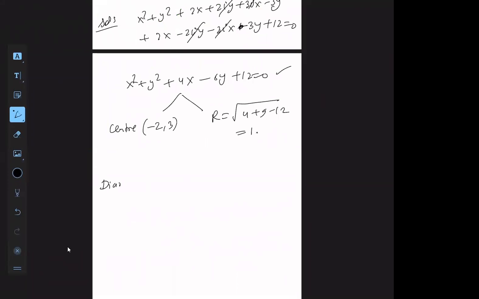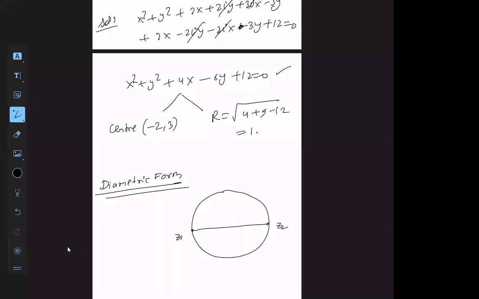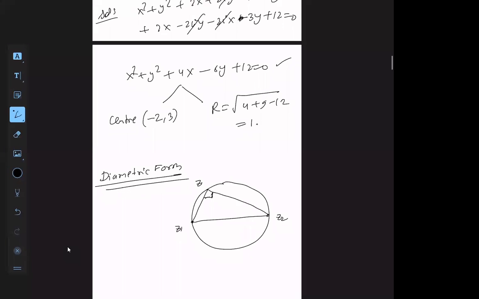Now write the diametric form of circle. Let's say this is the diameter.